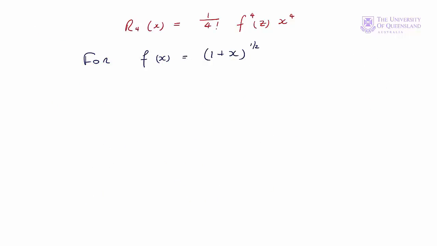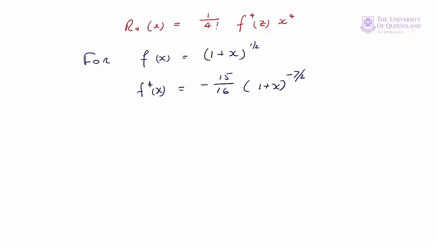For the function (1 plus x) to the half, the fourth derivative is equal to minus 15 on 16 times (1 plus x) to the power minus 7 on 2. This is the stage where we determine z.